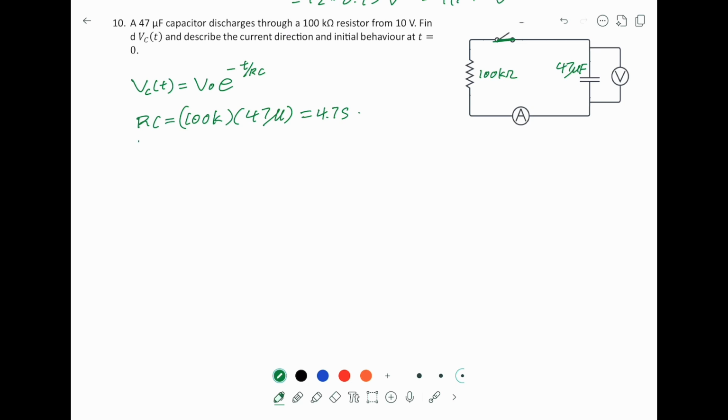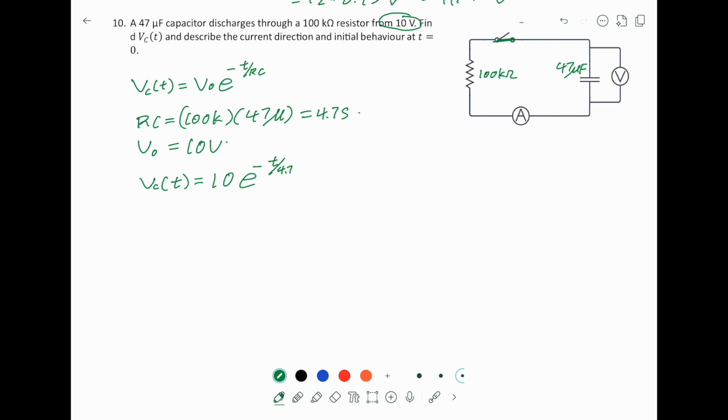V0 is 10 volts. So the function should be written as 10 e to the minus t over 4.7, where 4.7 is in seconds.